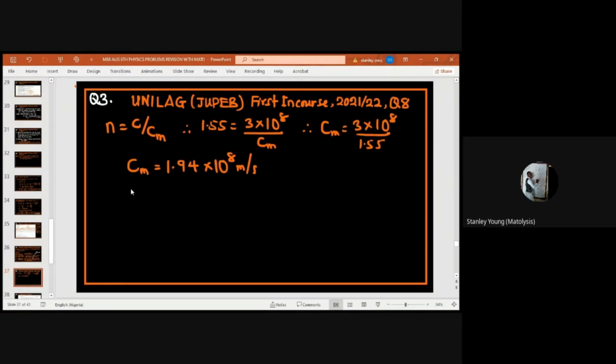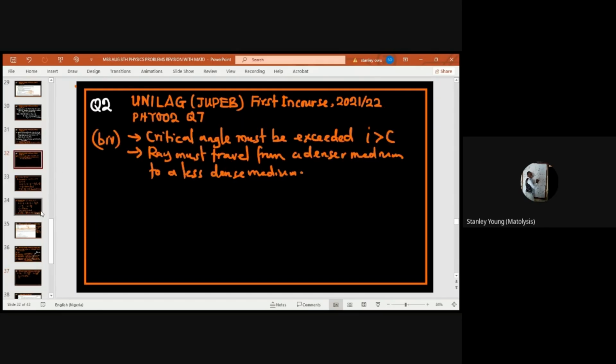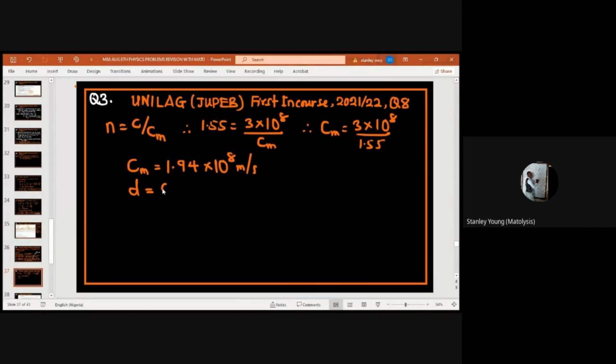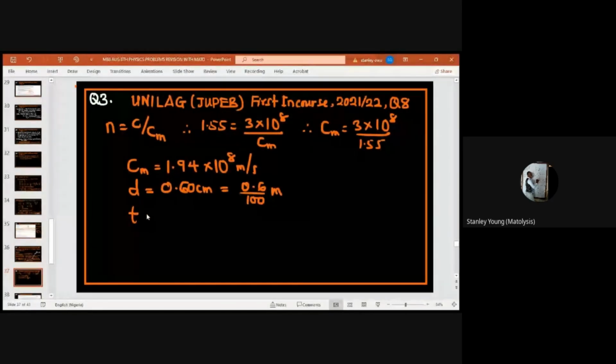So if that's the situation, what do we need? Distance is given. The distance, which is the thickness, is given as 0.60 centimeter. Let's convert that to meter. That's 0.6 over 100 meter. So what do we need? We need time. Don't forget that velocity equals distance over time.